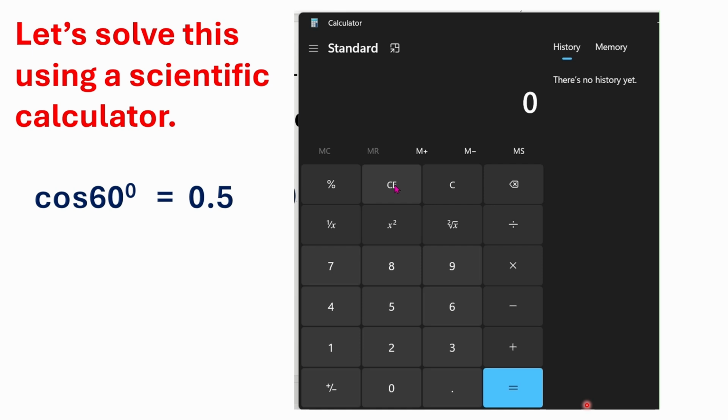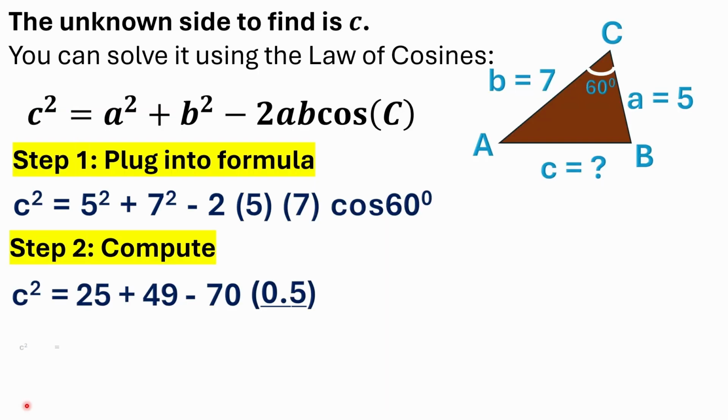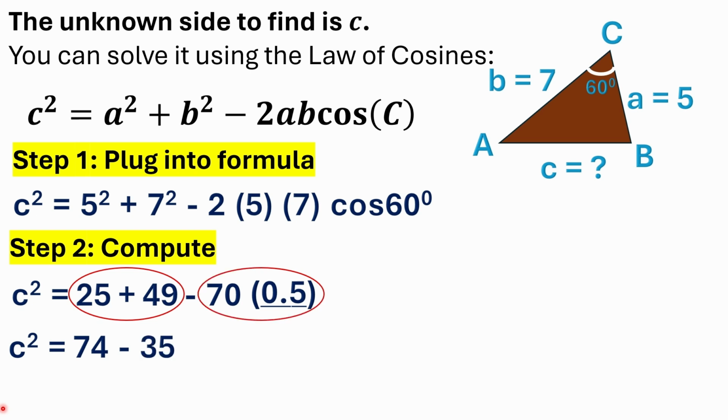So cosine 60 degrees is 0.5. Next, 25 plus 49 equals 74. Minus 70 times 0.5 is 35. So now we have c squared equals 74 minus 35.